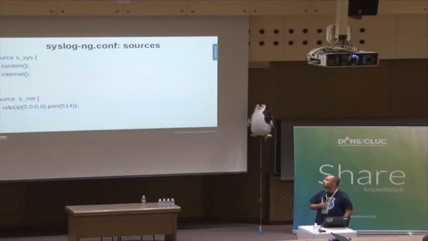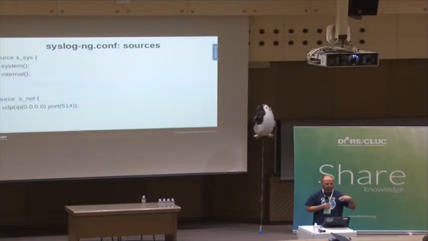On the top of the screen you can see some source declarations. System source is for making configurations portable, as it hides platform-specific details from the users.